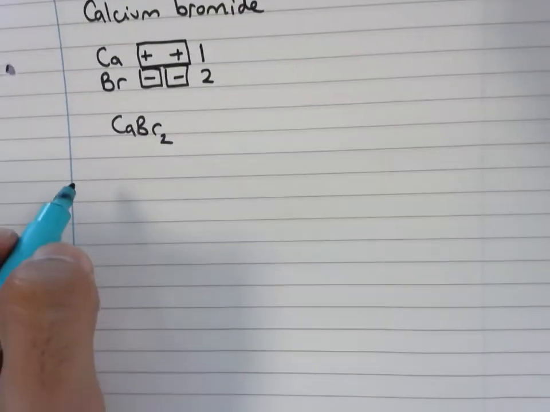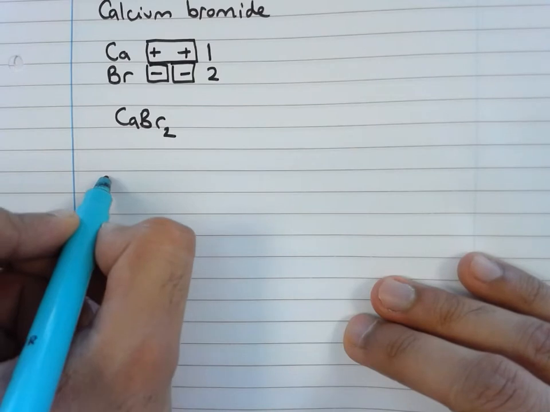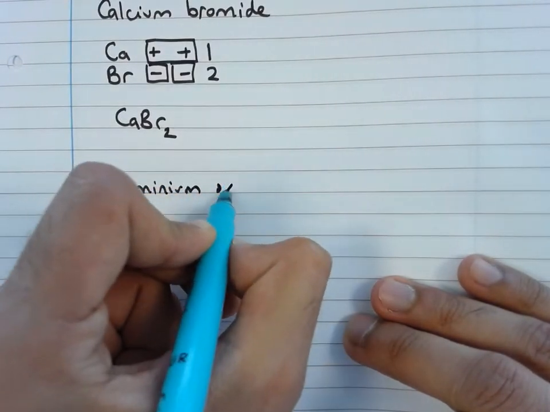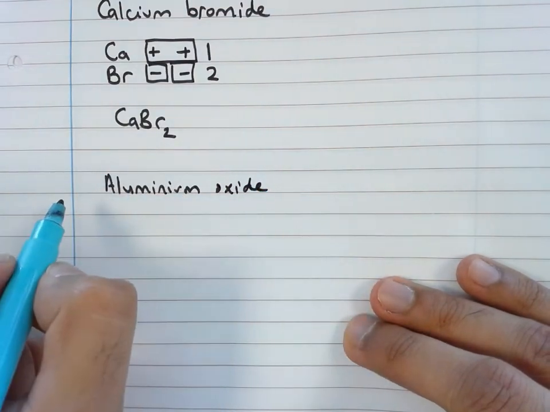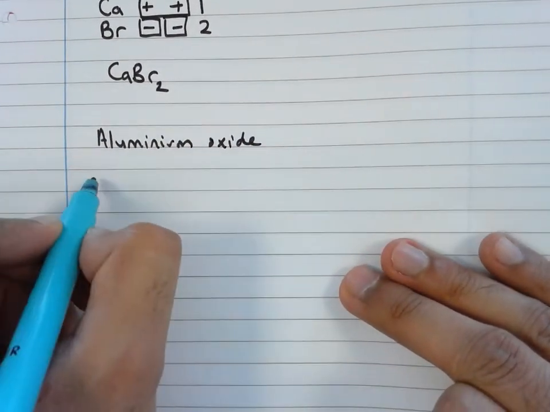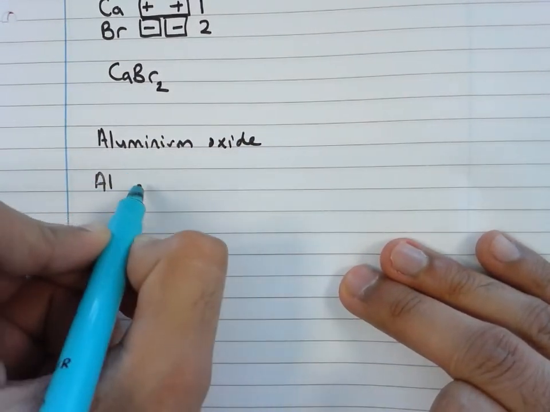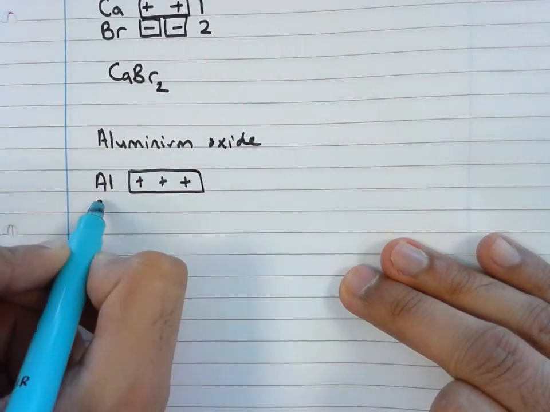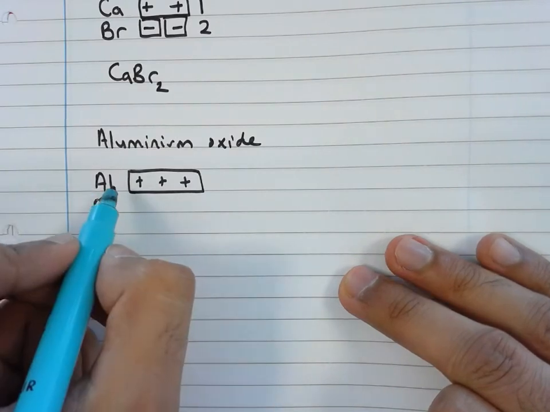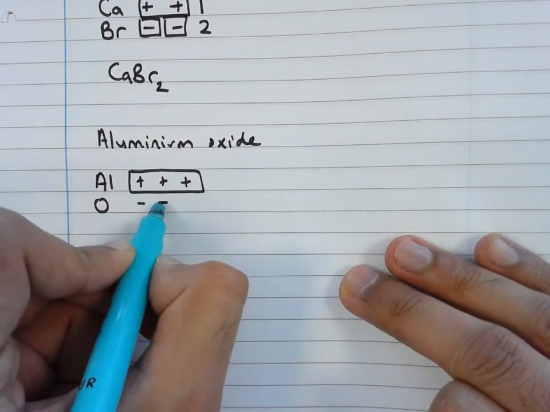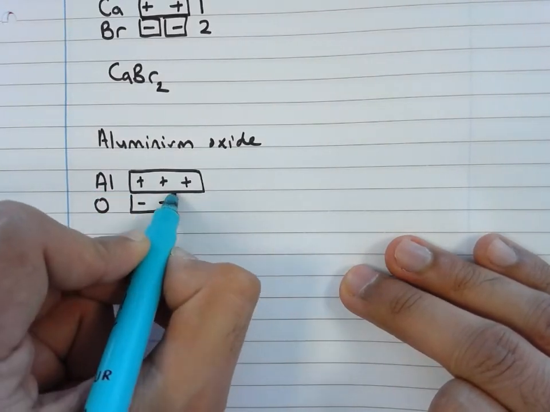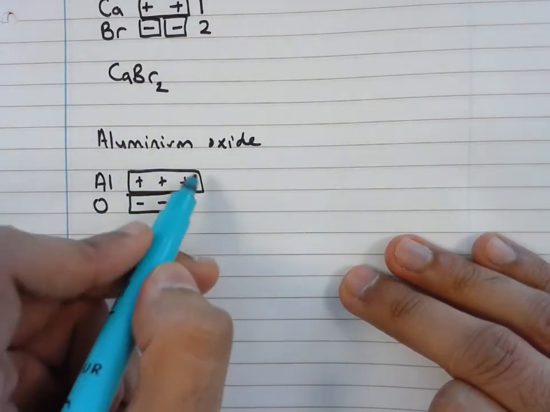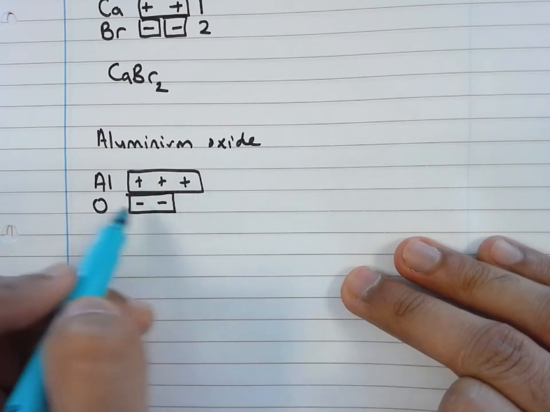Let's do another example, a bit more complicated this time. Let's go for aluminium oxide. Aluminium oxide consists of an aluminium ion, which is in group 3, so it will form an ion of 3+, an oxide ion, which has a charge of 2- because it's in group number 6, so it gains 2 electrons. Now, this does not balance out, so I'm going to need more ions.